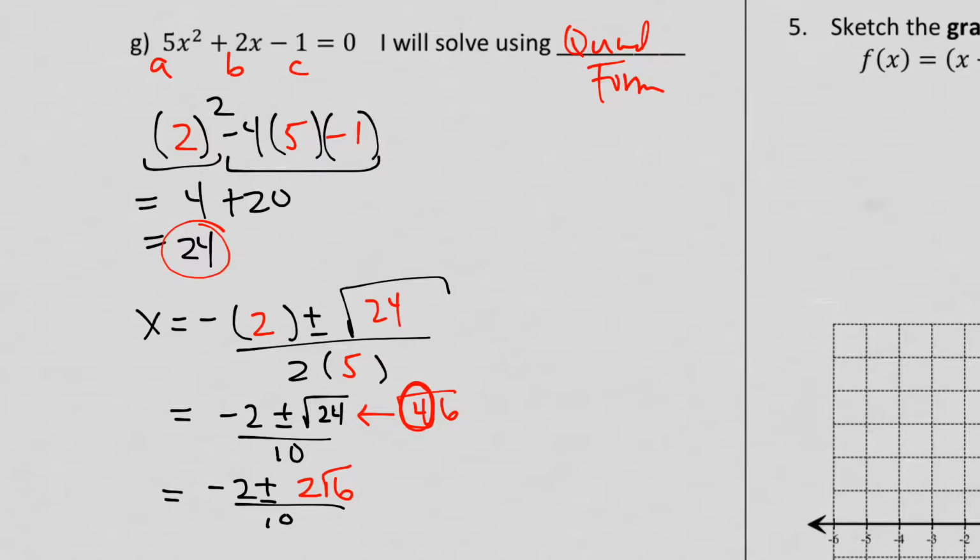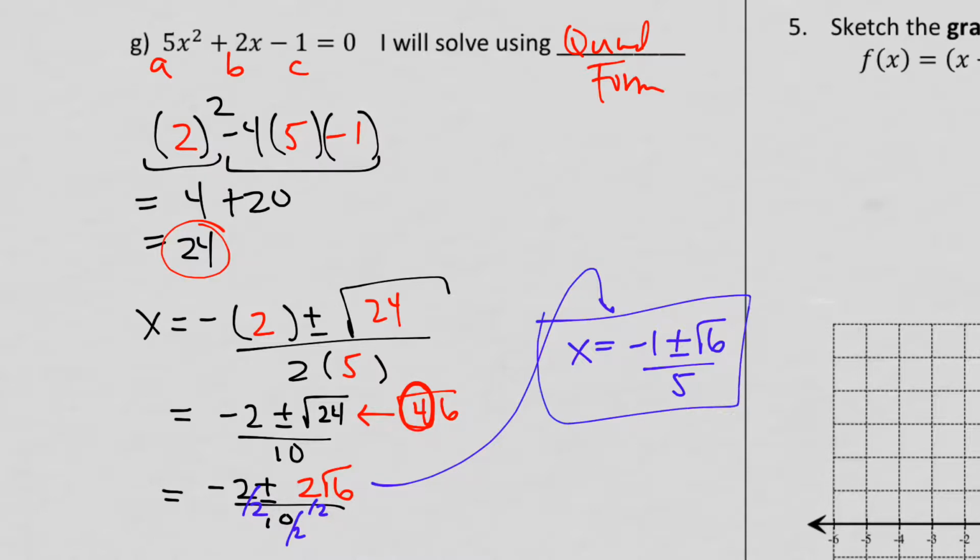Notice how in all 3 terms they each have a 2 in common, so the GCF is 2. So if I divide them all by 2, kind of like this, I end up with x equals negative 1 plus or minus the square root of 6 over 5. And that's going to be our response for 3G.